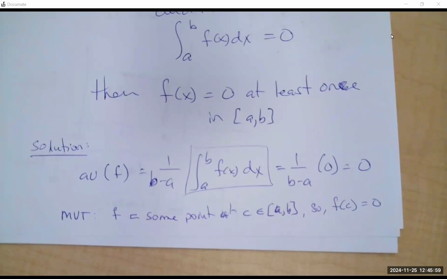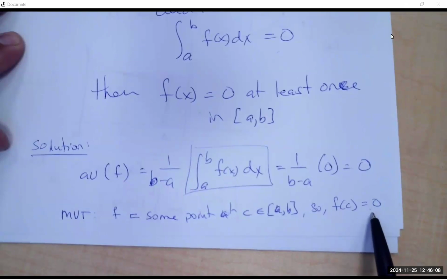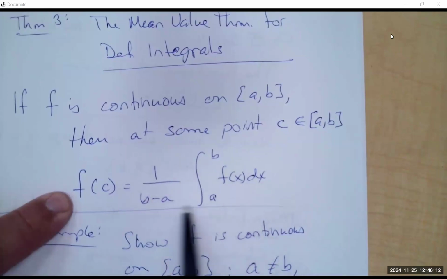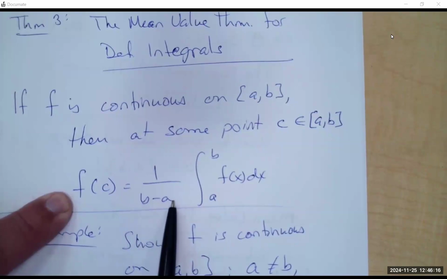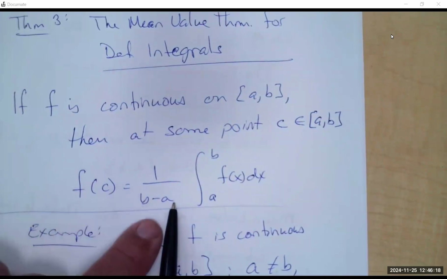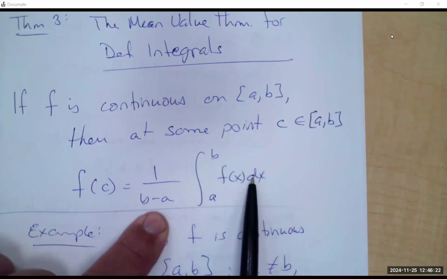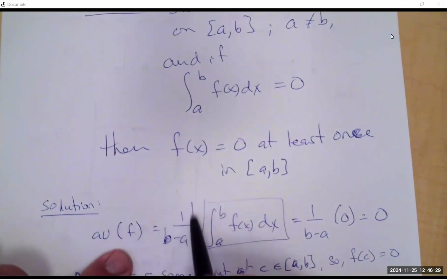Why? If f of C equals 0, because of this, so does all this. And since A and B are not equal, this can't be zero. If it equals zero, what has to be true? This has to be zero. If this is true, that means this cannot equal zero.